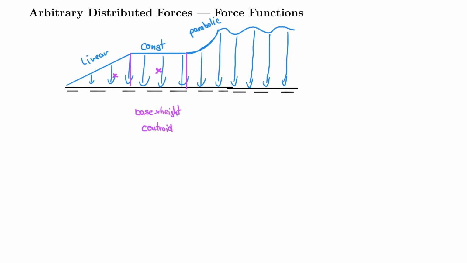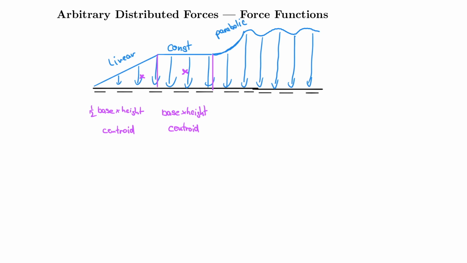Same thing here, but here we had base times height divided by 2, or 1/2 times base times height. But we also had centroid. Now, what do these things have in common is that we calculated the area here, and then here the lumped force location, right? So I call this here location.